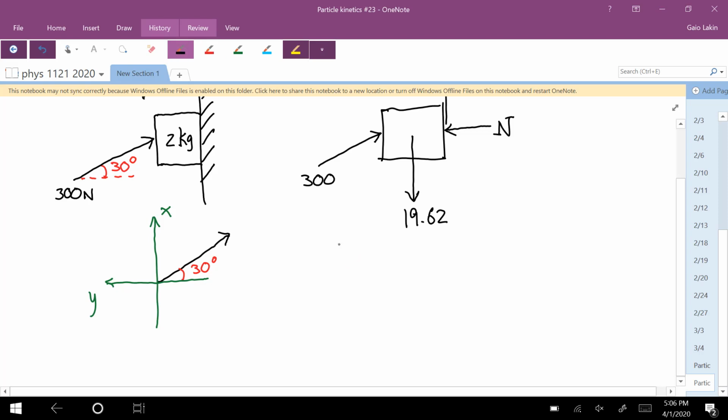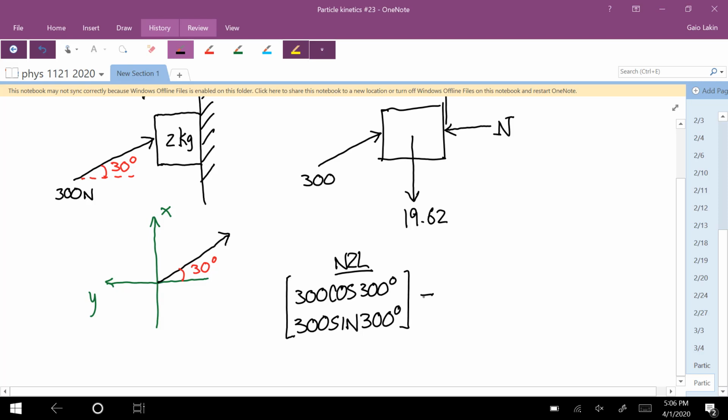Okay. So Newton's second law says 300 times the cosine of 300 degrees and 300 times the sine of 300 degrees, plus this weight force, which I said was in the negative x direction, so negative 19.62, 0.